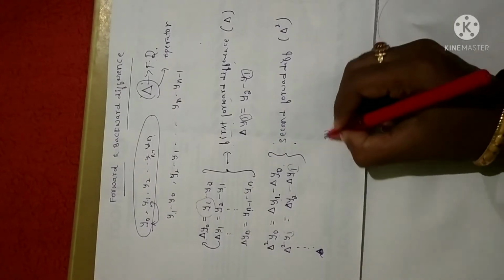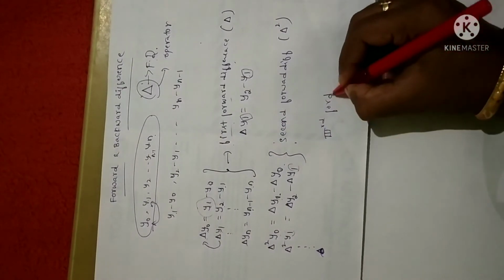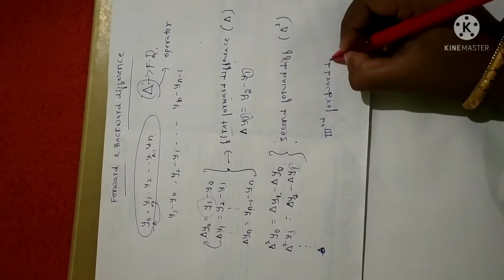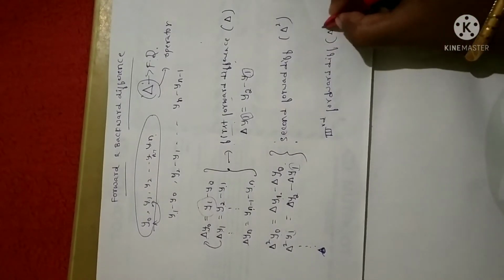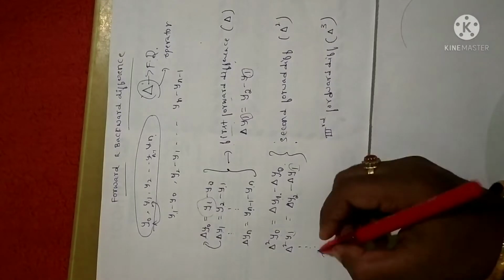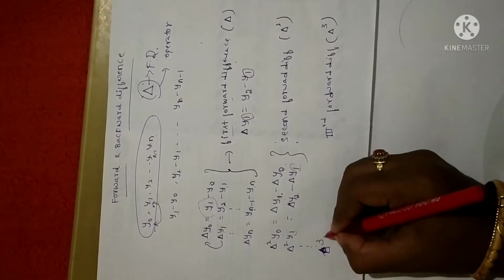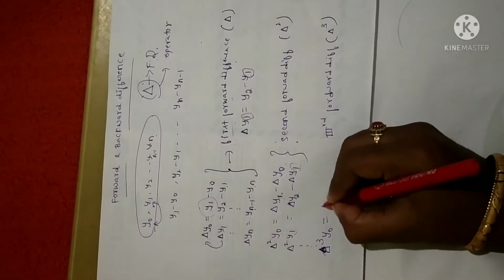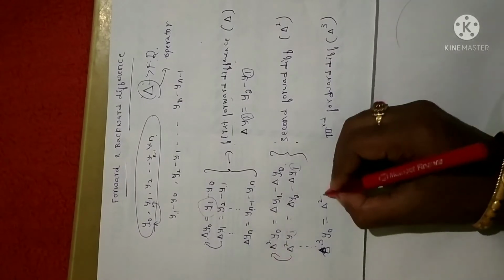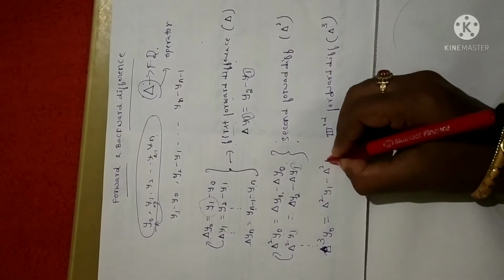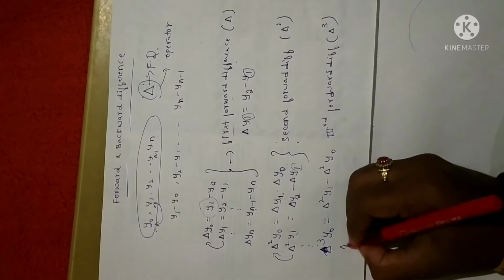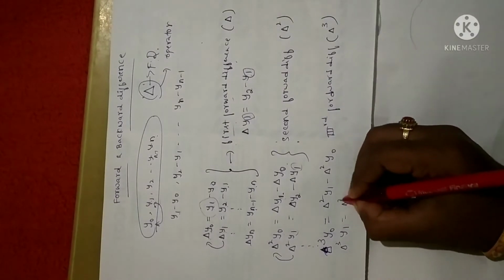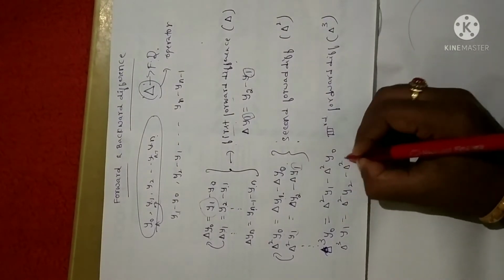Similarly, we can calculate the third forward difference. I think the idea is generated regarding this, right? So delta cube is the third forward difference. Delta cube y0 will be these two differences, delta square y1 minus delta square y0. Similarly, delta cube y1 will be delta square y2 minus delta square y1.